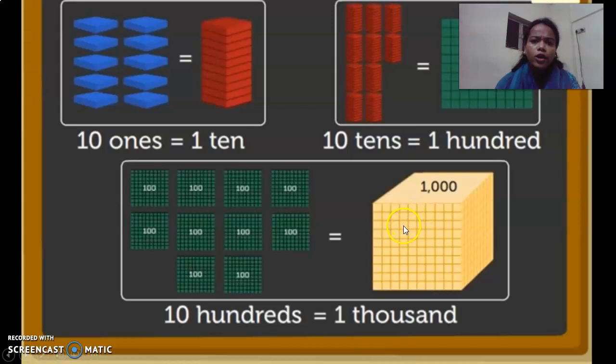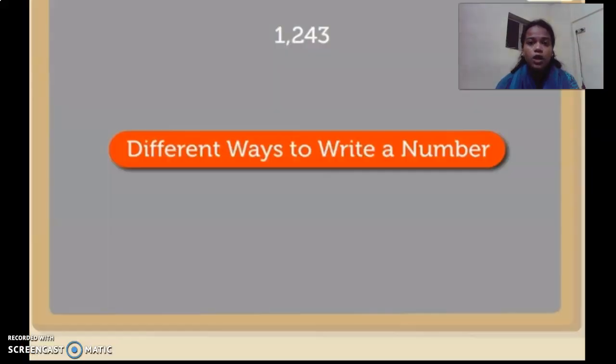We already know the different ways to write a 3-digit number. So today, let us take the 4-digit number, that is 1243, and I will show you how to write this number in different ways. Let us begin then.